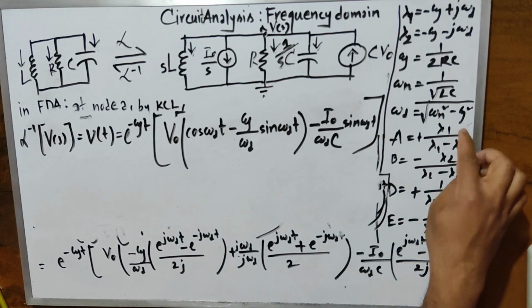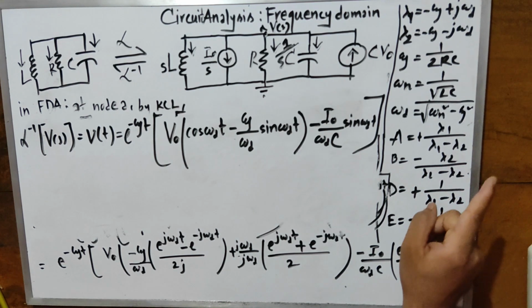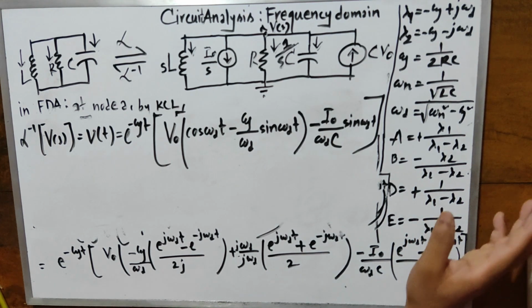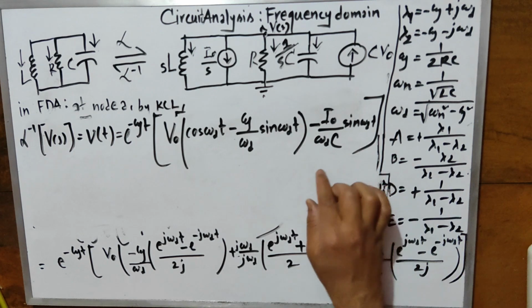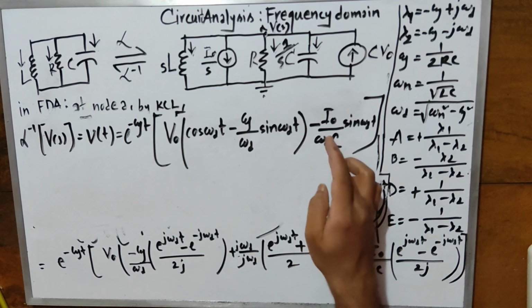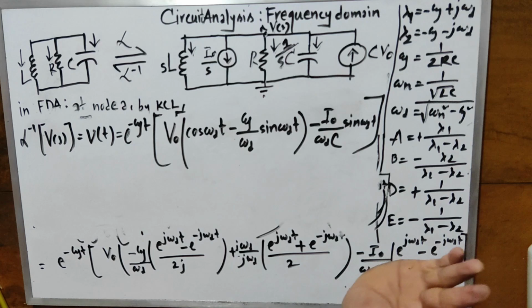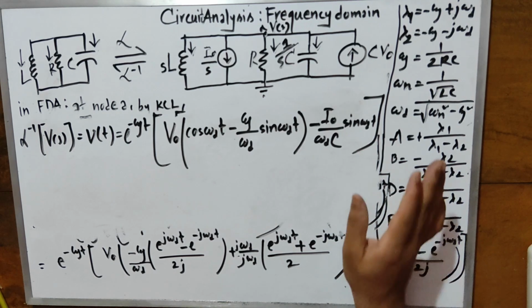Omega d is the damped natural frequency, which is the root of omega n squared minus psi squared, or zeta squared. Now minus the initial current I0 through the inductor by omega d C, where C is capacitance, sine omega d t.